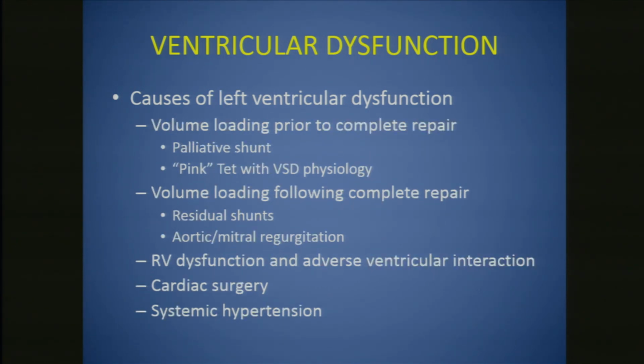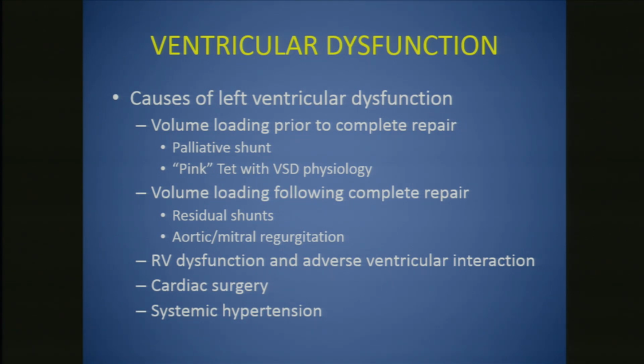We need to think about the left ventricle in tetralogy. There are multiple causes of left ventricular dysfunction in tetralogy. There may have been volume loading if they had a palliative shunt prior to their complete repair, or if they were a tetralogy that had primarily VSD physiology prior to surgery. They may have ongoing LV volume loading related to residual shunts or aortic valve disease.